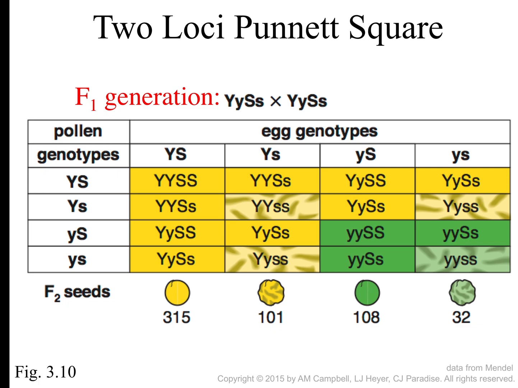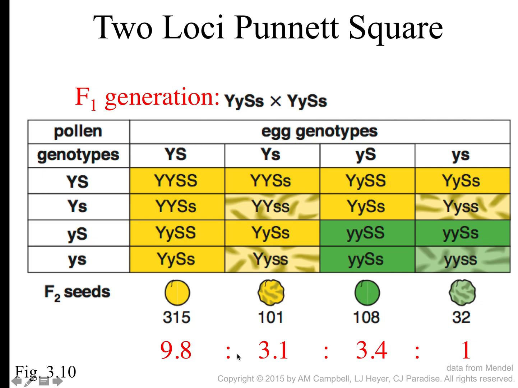Here's Mendel's data, and he shows the number of peas that are dominant for both characteristics, dominant for color but recessive for shape, recessive for color but dominant for shape, and recessive for both color and shape.